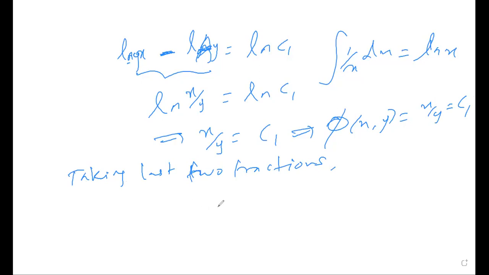Let me see. So dy over yz, which is equal to dz over xy. So y and y cancel out.